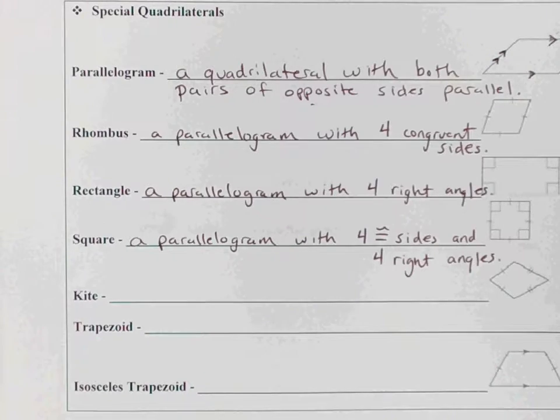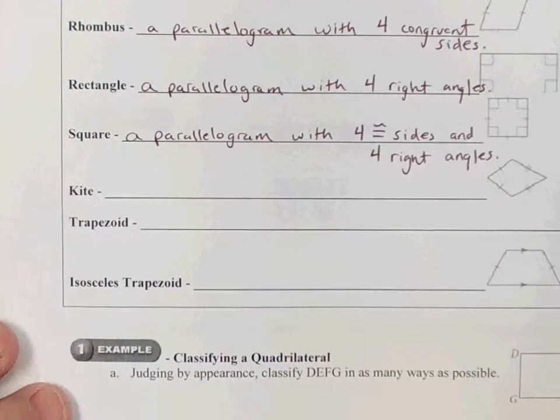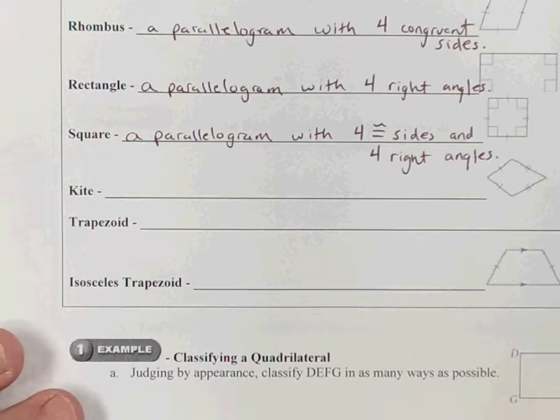All right, another special type of quadrilateral is a kite.